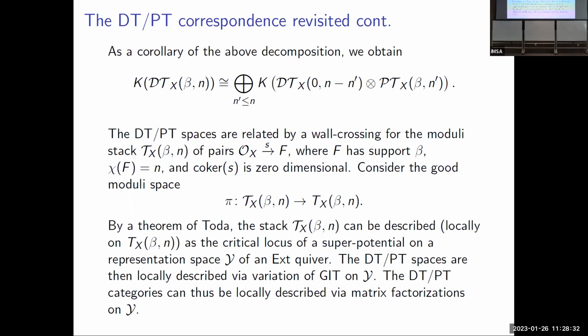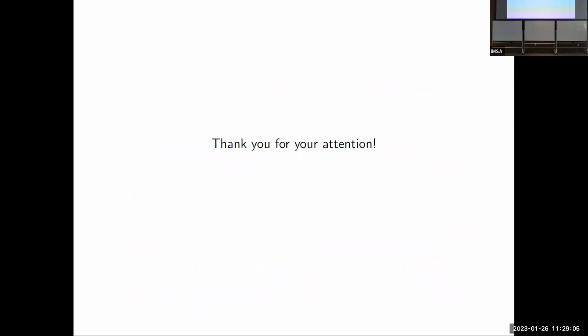And the point is that locally they have a description using quivers with potential. So then locally these DT and PT categories are given by matrix factorizations on certain semistable spaces in a representation space of a quiver. So then you want to show the statement locally. You can just show the case when the potential is 0. So again, it's a variation of the JK problem. Yeah, that's all.